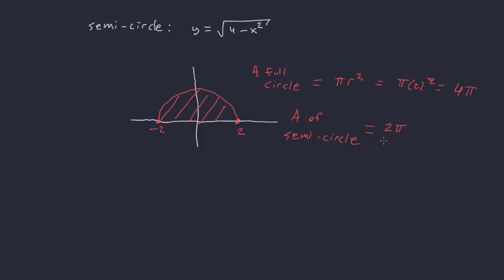Now, of course, we can do this with geometry. We know how to do this. However, we should be able to also analyze this with an integral. So the definite integral from -2 to 2 of this function, the square root of 4 minus x squared dx, we should be able to get 2 pi out from here when we integrate this.